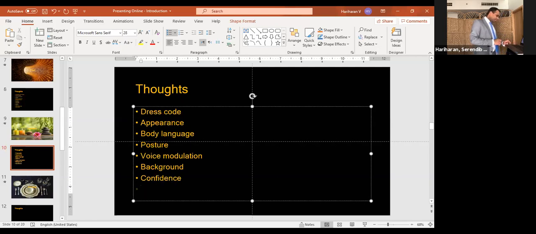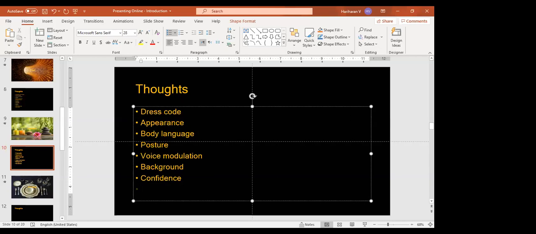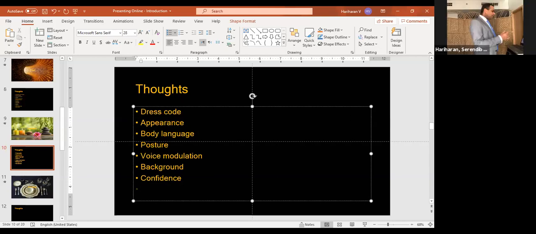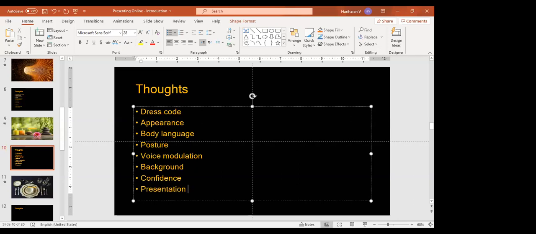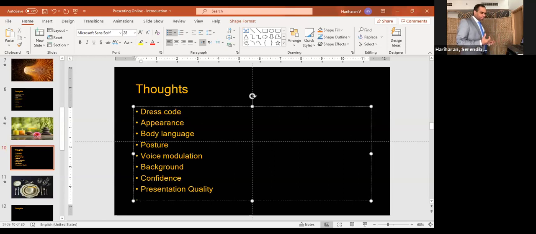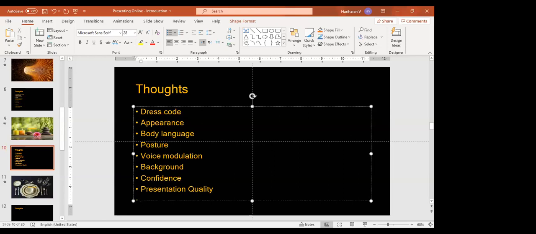What else? Quality of your presentation. Okay. I think more than the body, they can see our face. So facial expressions are more important. So part of body language? Yes, part of the body language. Put it on the body language. What else?